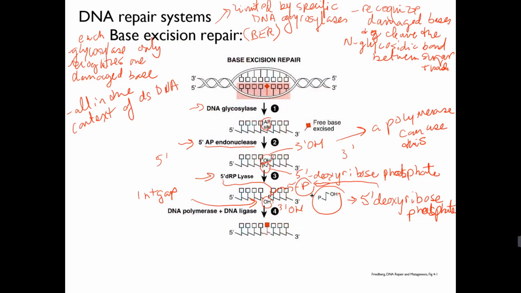So then in step number 4, all we need is the polymerase, because if we were to draw this as a template, we have a primer, we've got our 3' hydroxyl, we've got our 5' phosphate, and we've got our 1 nucleotide gap.